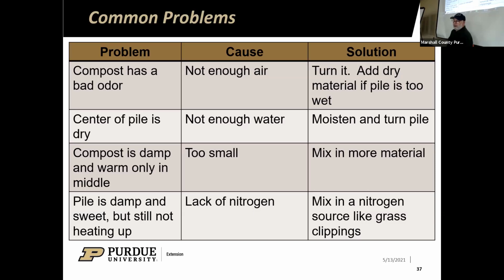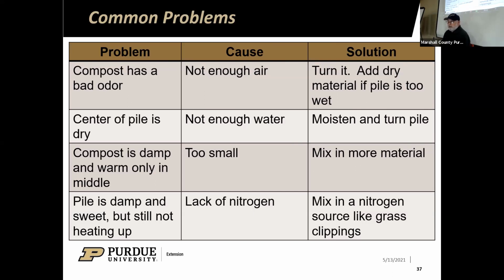The pile is damp and sweet, but still not heating up. It may be lacking nitrogen. So we could mix in some nitrogen source such as grass clippings, or even add a little nitrogen fertilizer on the top. If you allow rain to help keep it moist, it'll work down through the compost pile as nitrogen moves.